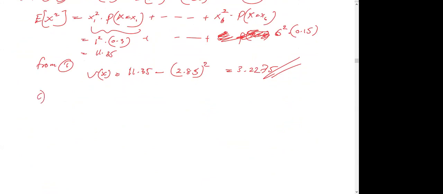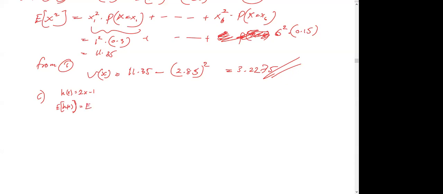You have your function h(x) equals 2x minus 1. You need to find the expected value first. Expected value of h(x). At the time when I was doing this expected value, I explained how we use this kind of function instead of just x.